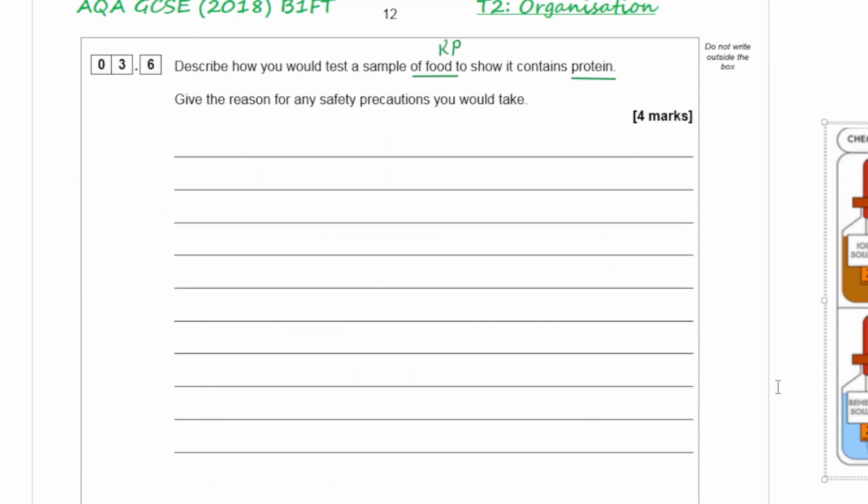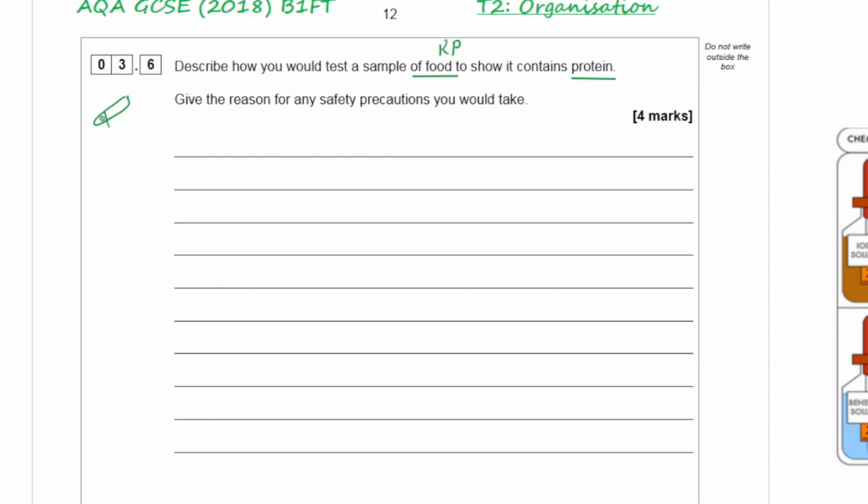Right. So let's have a look at the model answer for this. Describe how you would test a sample of food to show it contains protein. So let's say I give you something that contains protein. Definitely a piece of sausage, right? If I give you a piece of sausage, how would you test that it has protein?